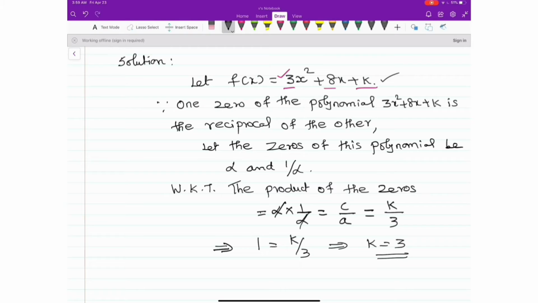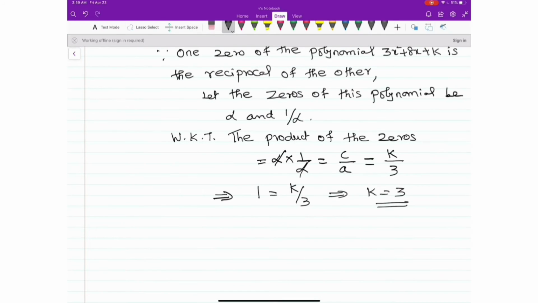Before you write whether the sum of the zeros or product of the zeros, read the question twice, then whatever is essential, whatever is necessary, that alone you write down. So, therefore, the value of k is equal to 3.